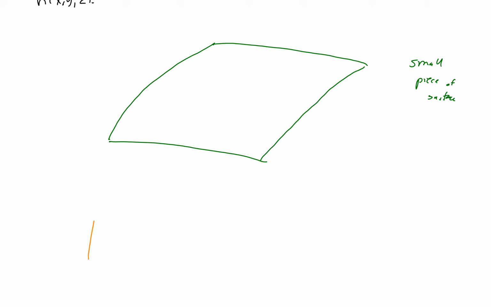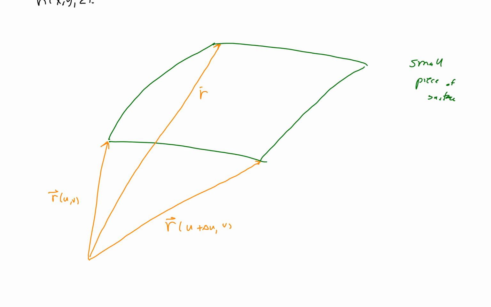So let's say this is r of u v, and then this is a vector. We just change, since this is a small slice, we'll just change this a little bit in the u direction, and then we'll have one going back here as well to this edge, and this is r of u v plus delta v.